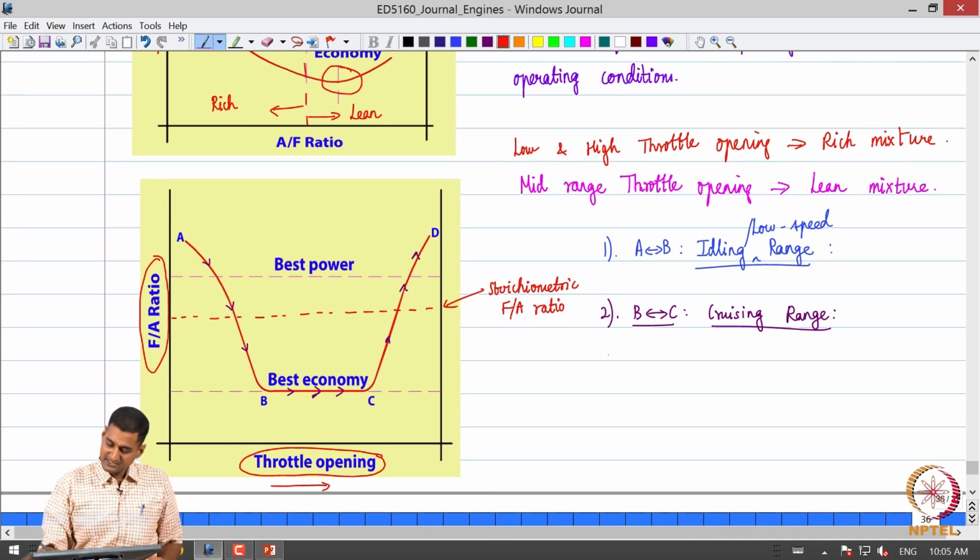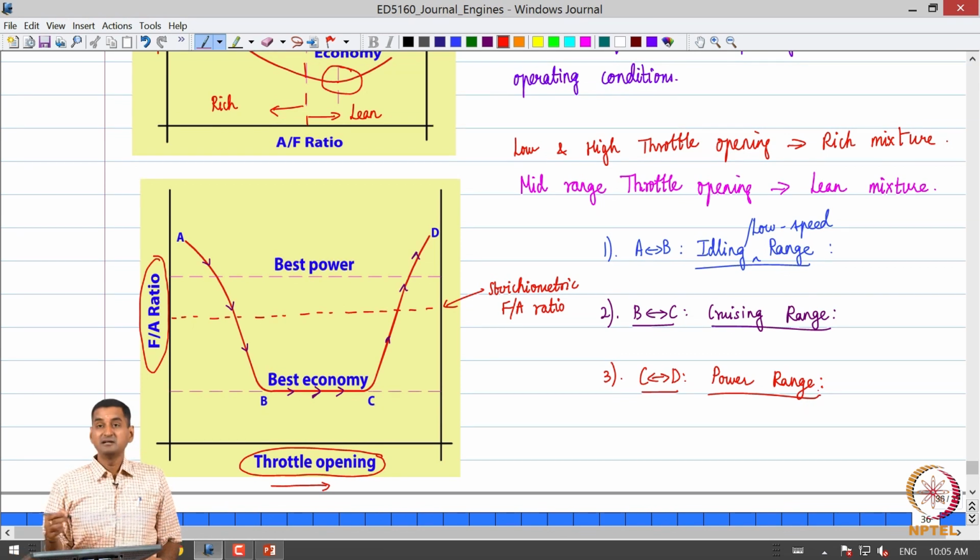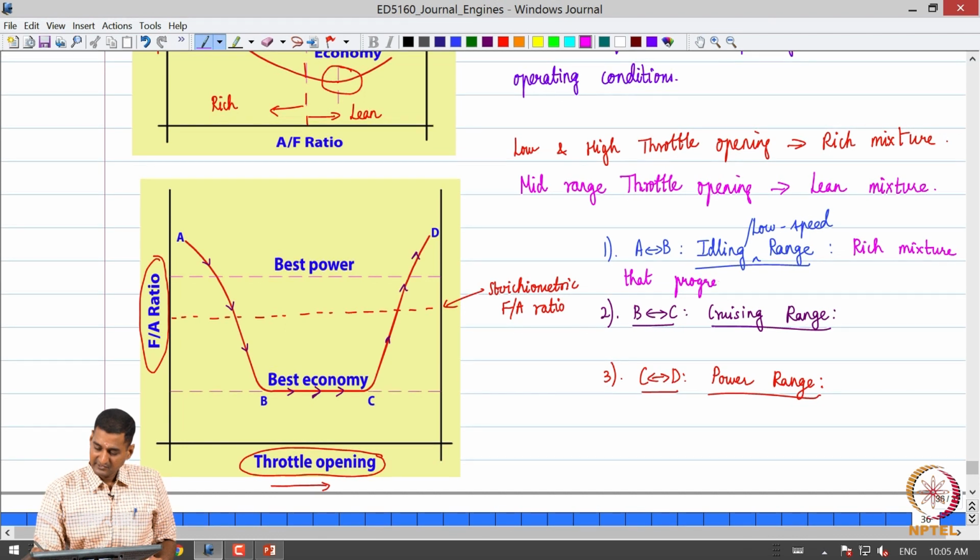The third range, which goes from C to D, is what is called the power range. Once again a progressively richer mixture is required as we go from C to D. So, during idling we need a rich mixture that progressively gets leaner with throttle opening.